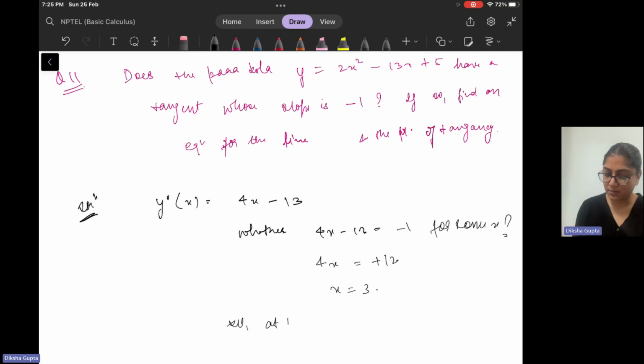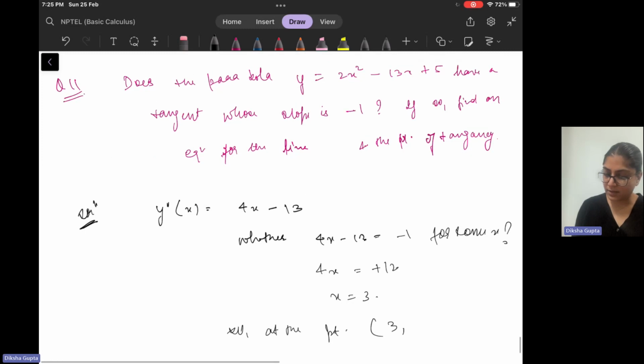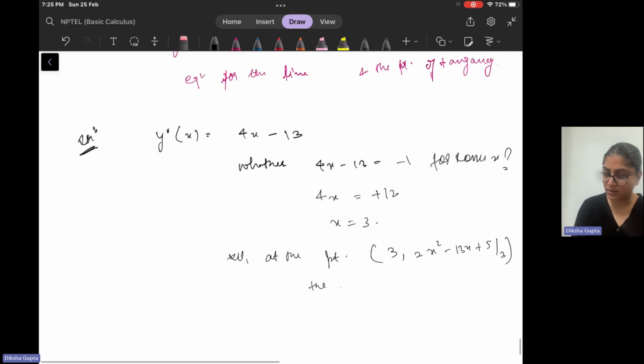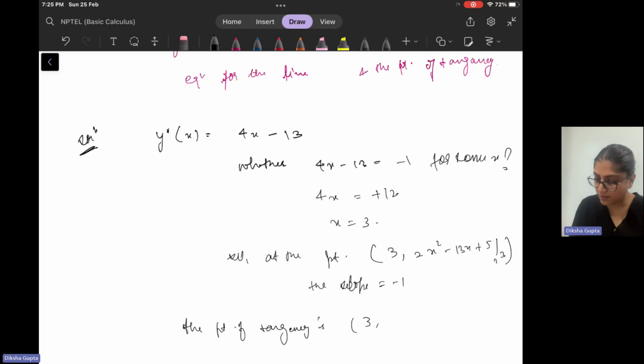So at the point 3 comma y, where y is 2x square minus 13x plus 5 at 3, the slope is equal to minus 1. So the point of tangency is 3 comma, when you put 3 here, it is 2 into 3 square, 18, minus 13 into 3, 39, plus 5.